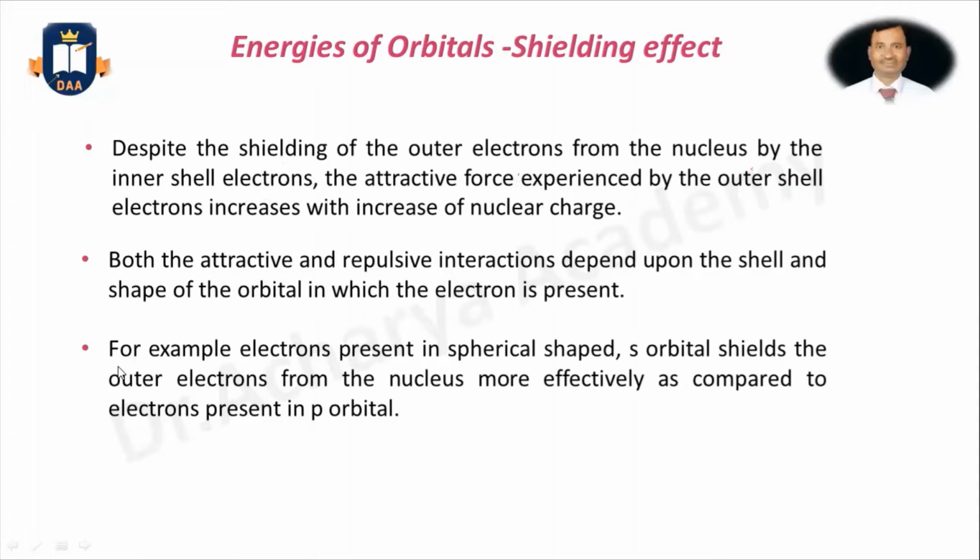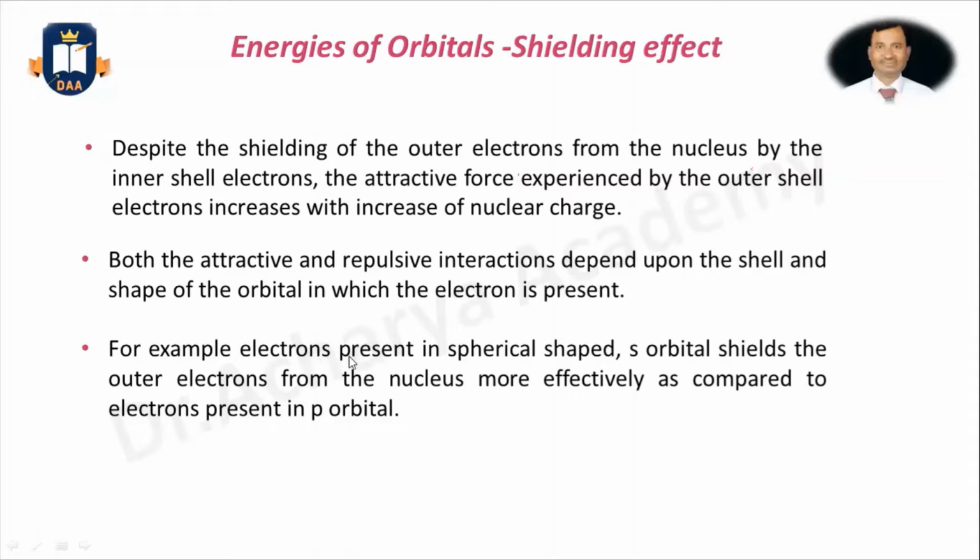For example, electrons present in a spherical shape, that means an s orbital. An s orbital is spherical shaped, we already discussed in our previous class.